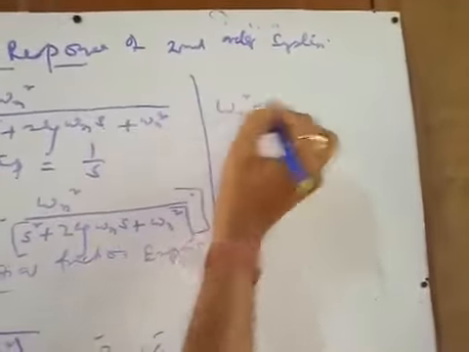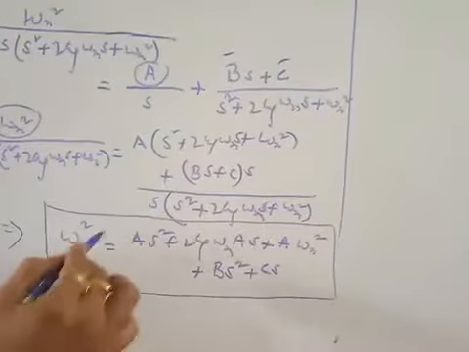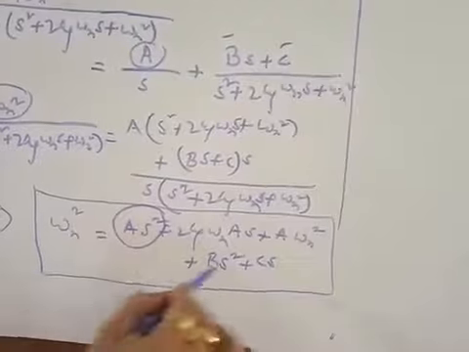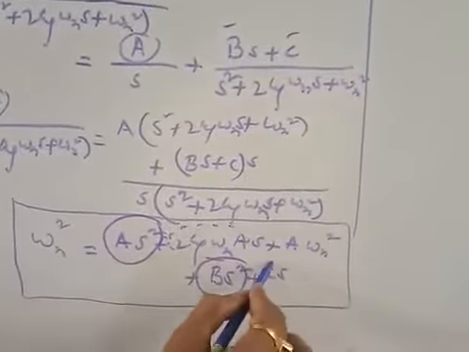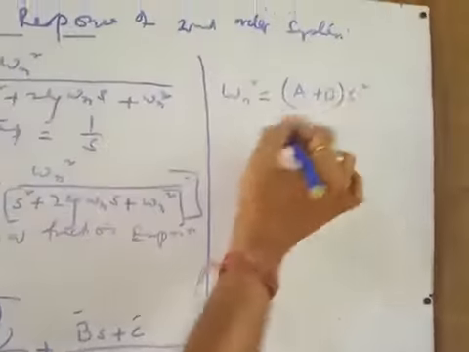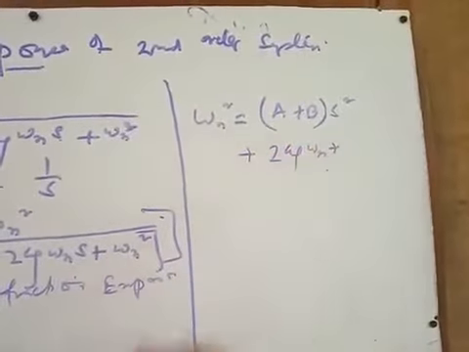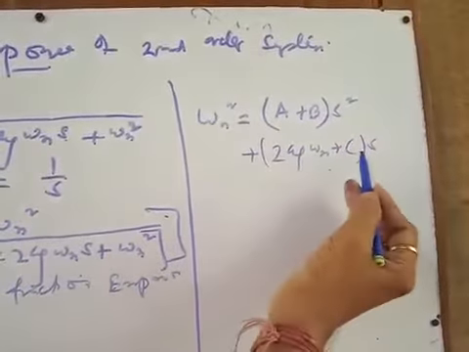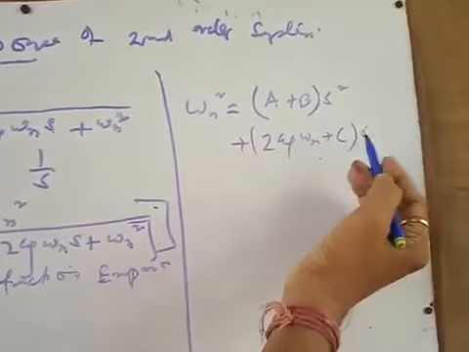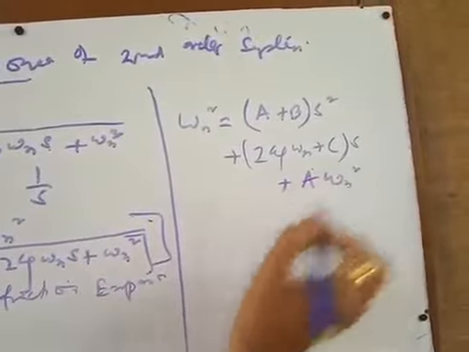Omega n square can be written like A plus B into s square, plus 2 xi omega n A plus C into s, plus A omega n square, right?